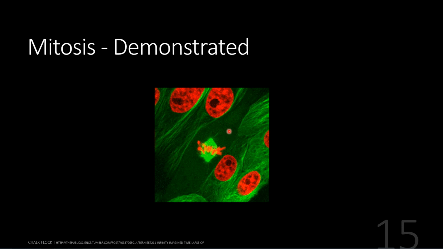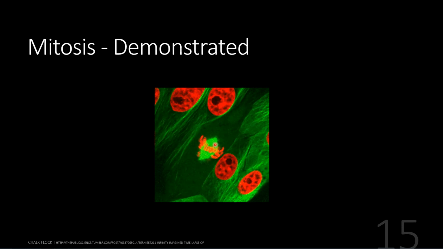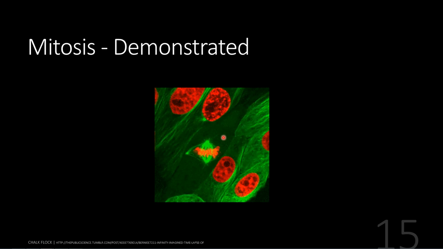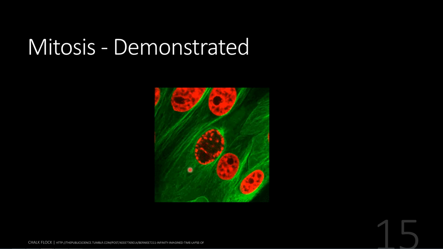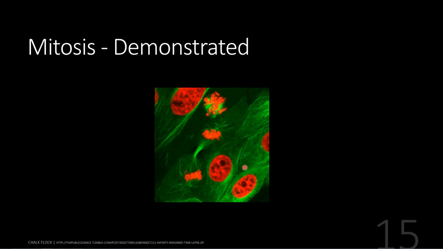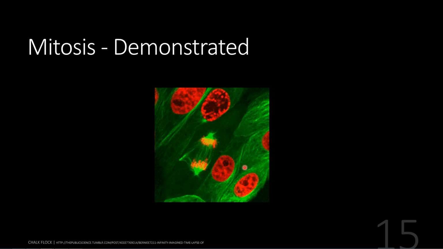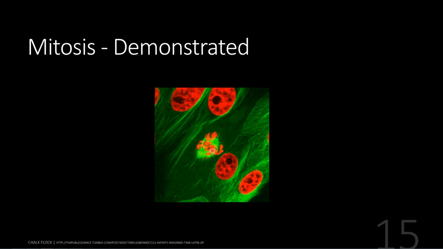Can you identify where the asters are, or where the mitotic spindles are, or where the microtubules are? Remember, the microtubules are these kind of lines that attach to the centromeres and pull the chromosomes away from one another.